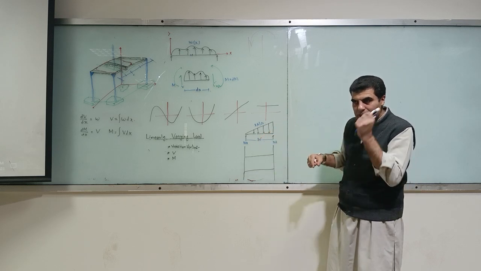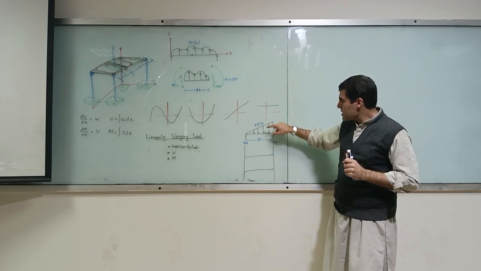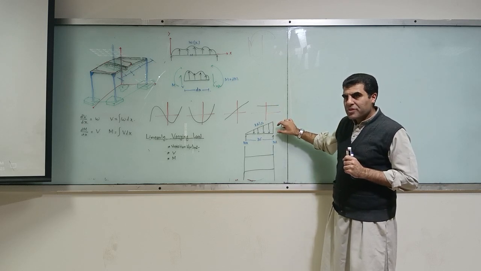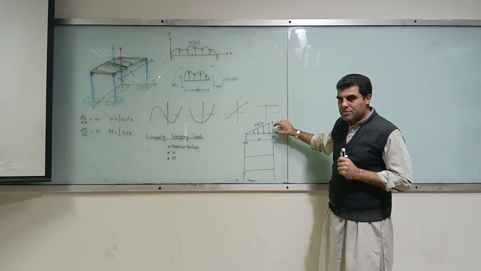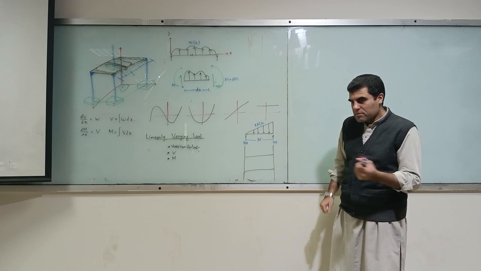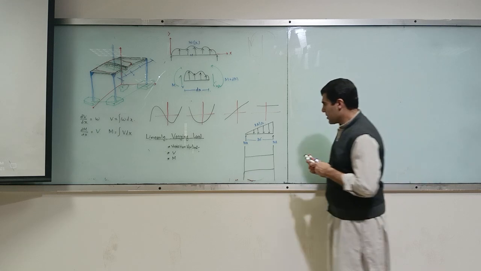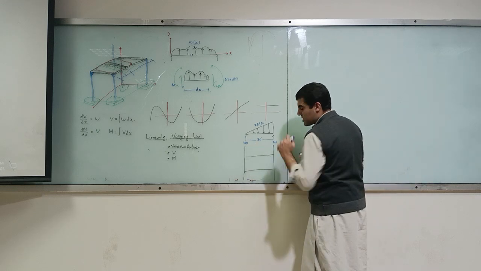So 1/3 of the base is the distance of the resultant from the point where you have got the largest magnitude of the load. So you can easily find out this is 10 kip, this is 20 kip.